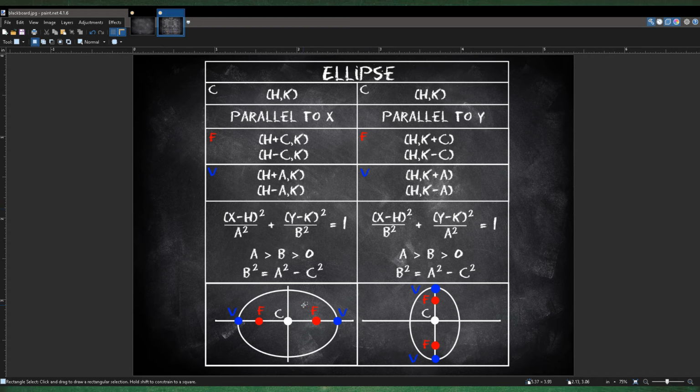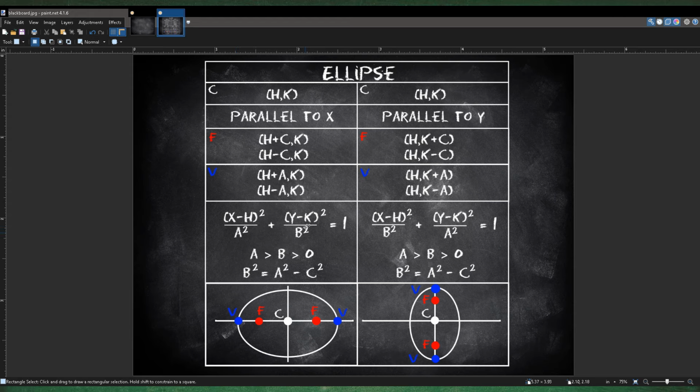And then you have the same concept here, but instead of the major axis being on the x-axis, it's now on the y-axis. And it follows a general equation like this. So basically the difference is that they switch the a's and b's around. The number under the y is greater and the number under the x is smaller, while in the other case the number under the x is greater.